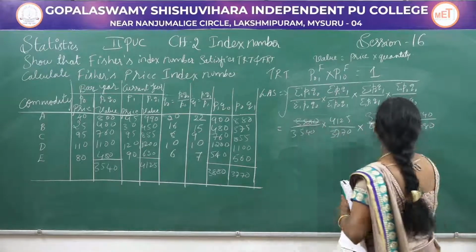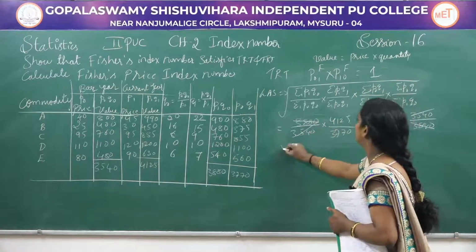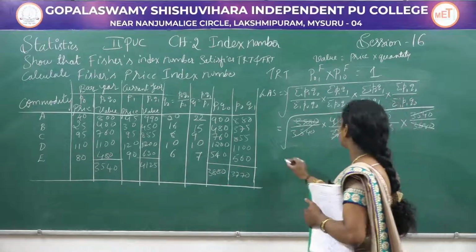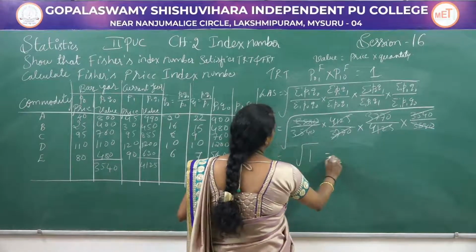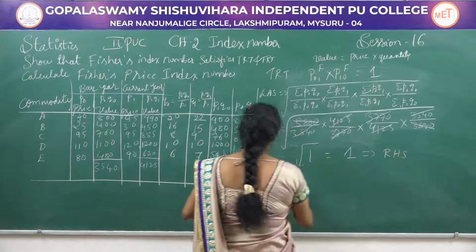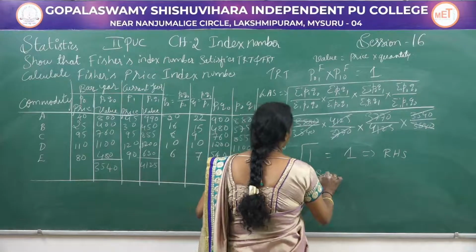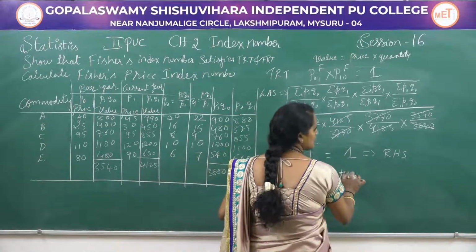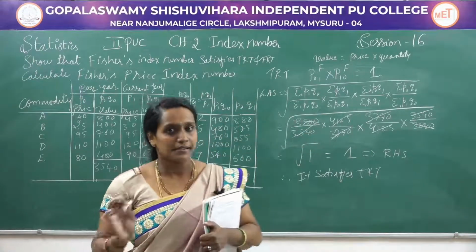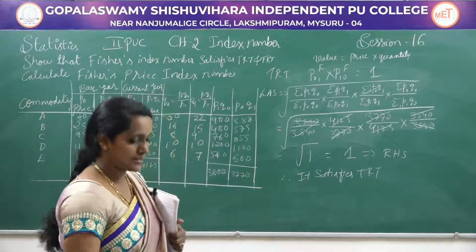So we can cancel everything here inside the square root. It is square root of 1, or this is equal to 1. This is our RHS. Therefore, it satisfies TRT, that is time reversal test. It satisfies the time reversal test.